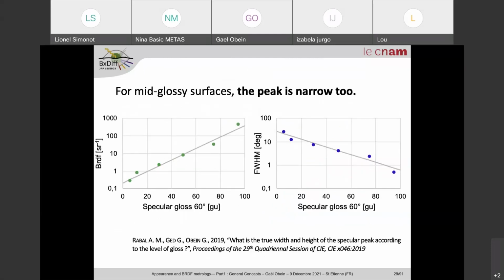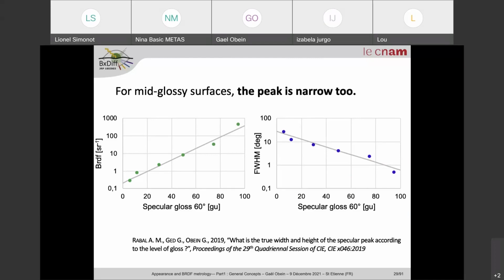This is for glossy surfaces, but it's also for mid-glossy surfaces. Here we measured the width at half maximum of the peak for different levels of gloss, going from very matte to very glossy. And you see, even for a mid-glossy sample in the middle of the scale, the width is already about 5 degrees. So 5 degrees, it's not small.